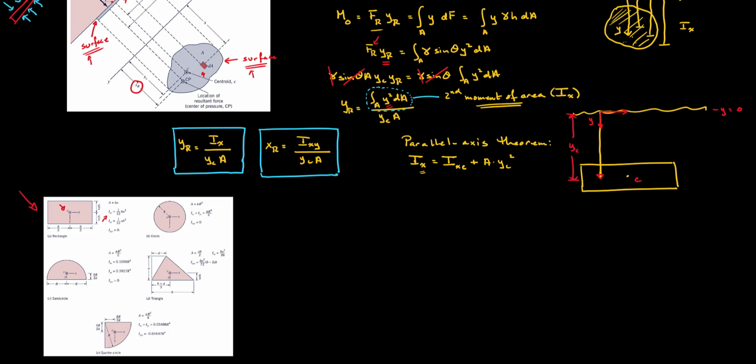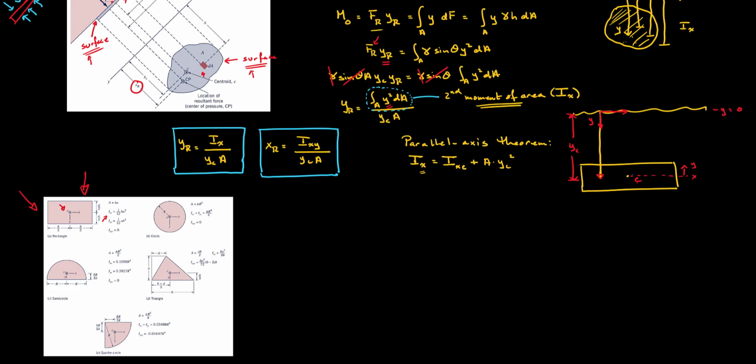So what this is saying is that in the tables, our second moment of area, our IX that we are looking for, let's say for the rectangle over here, is calculated through an axis, so IXC. So this is an x-axis passing through the centroid. And so our y-axis will be in this direction over here.